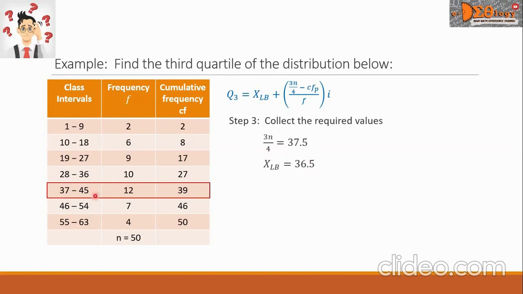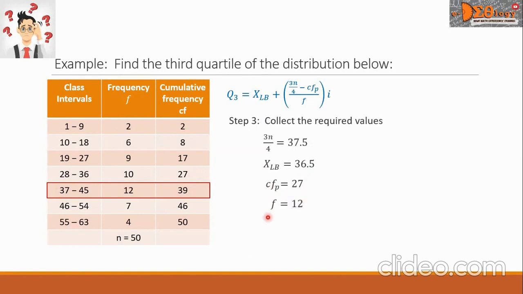We got this value from the lower limit of the class. This 37 minus 0.5 is 36.5. The CF sub P is the cumulative frequency of the preceding class. Here, the CF of the third quartile class is 39 and the preceding value is 27. So we write here 27.